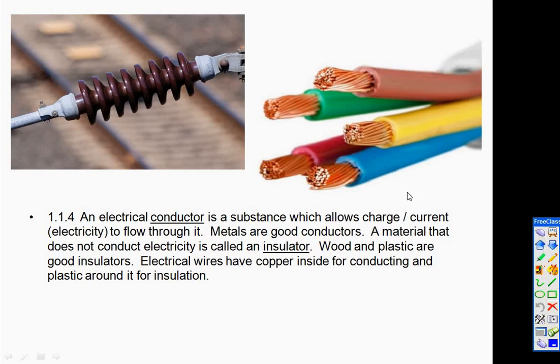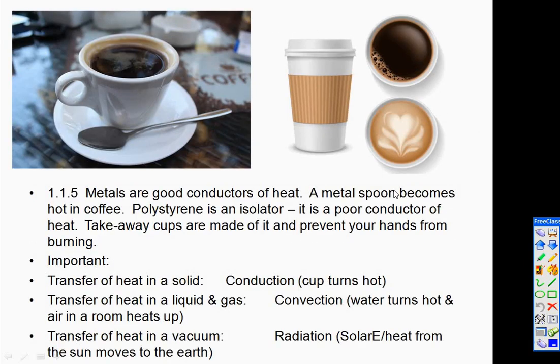If we go to different metals, they conduct electricity not equally well, but they all can. Now again, metals are also very good conductors of heat. If I use this example here, I've got a non-metal called polystyrene.